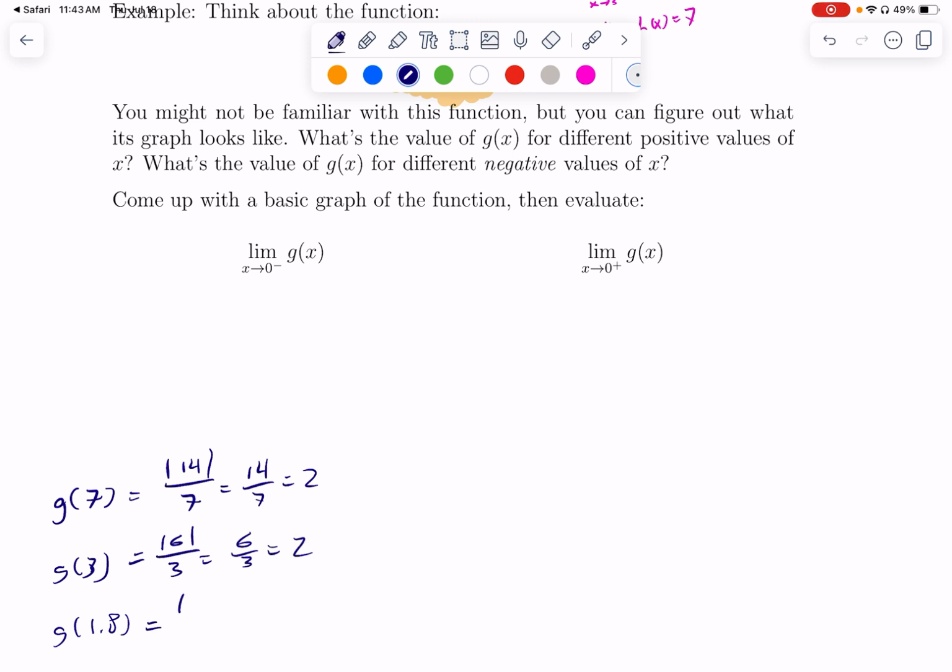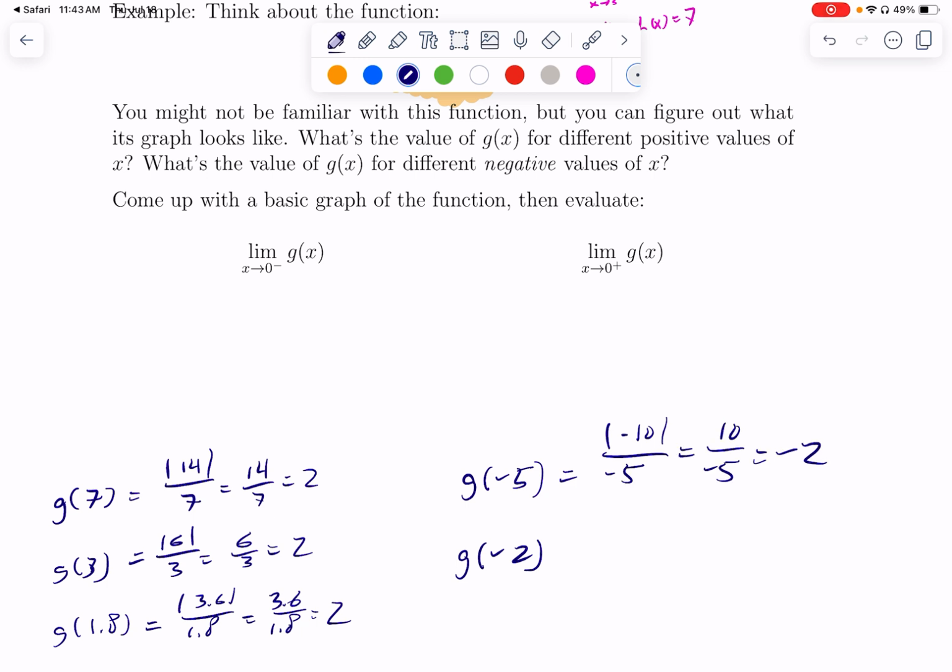G of 1.8 would be the absolute value of 3.6 over 1.8, which is 3.6 over 1.8, which is 2. If x is positive, we always get an answer of 2. But if we plug in negatives, absolute value of negative 10 over negative 5 is 10 over negative 5, which is negative 2. Plug in a different number, negative 2.